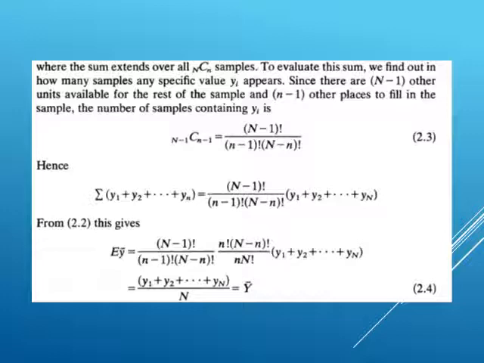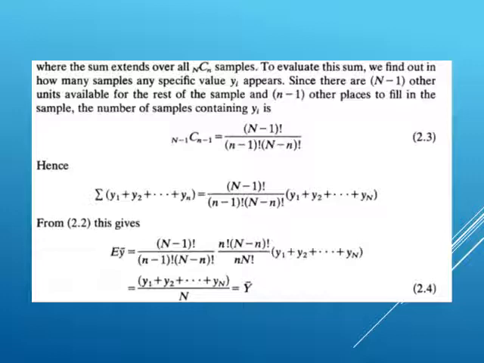From the previous equation, we find that the expectation of y bar equals factorial N minus 1 over factorial n minus 1 times factorial N minus n, times factorial n times factorial N minus n over factorial N, times y1, y2 up to yn.